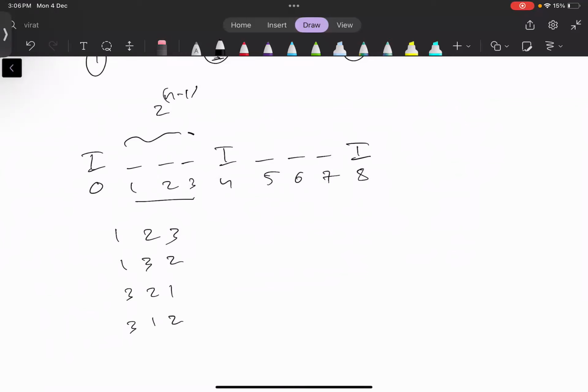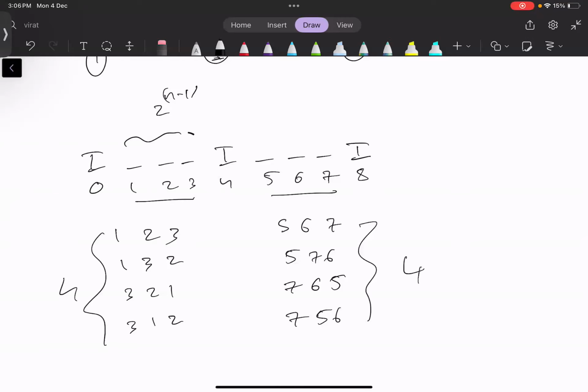For the second, we have 5, 6, 7; 5, 7, 6; 7, 6, 5; and 7, 5, 6. So there are 4 cases here and 4 cases here. Basically, what I'm suggesting is we combine them like this.